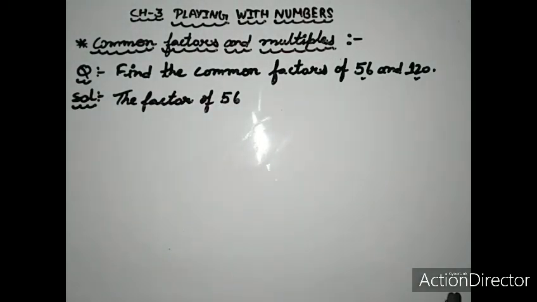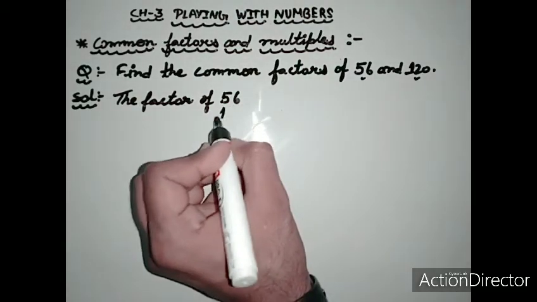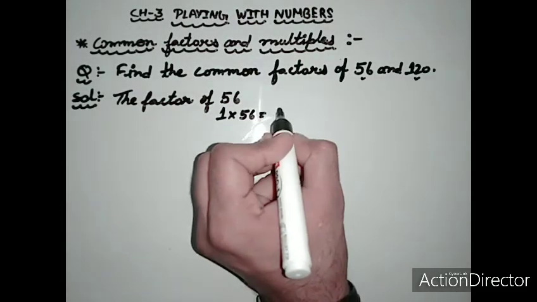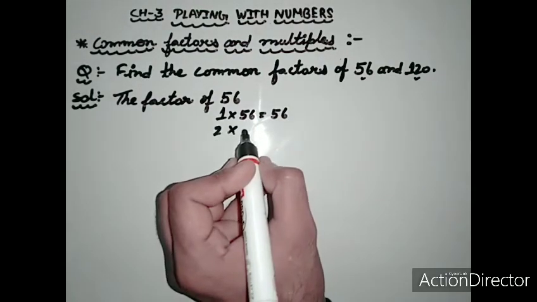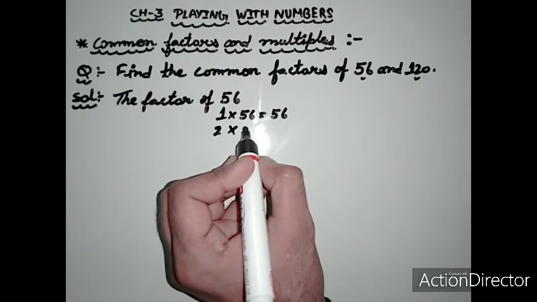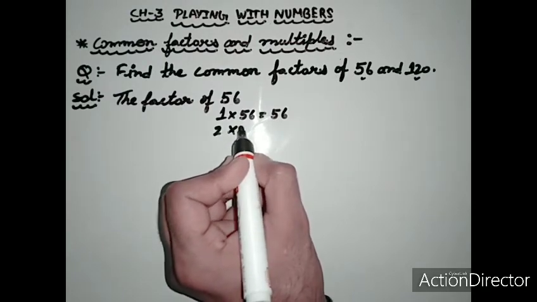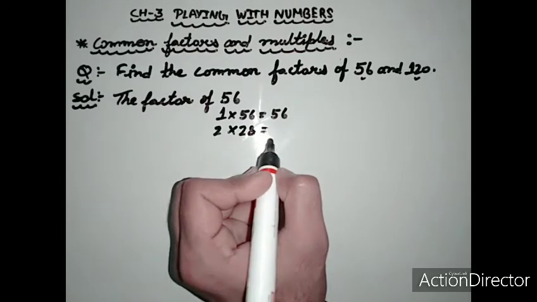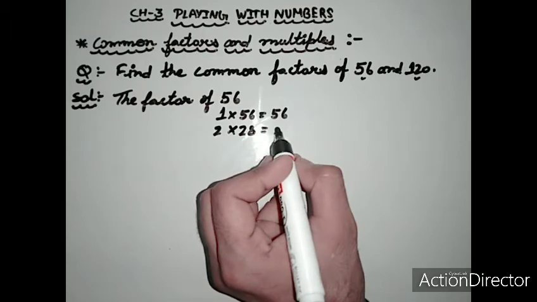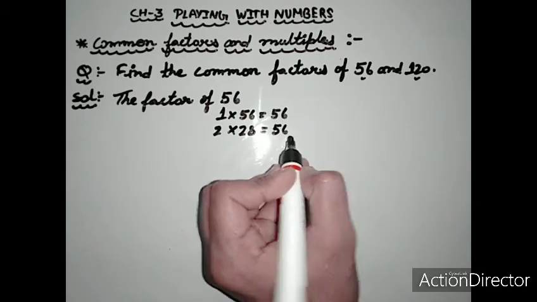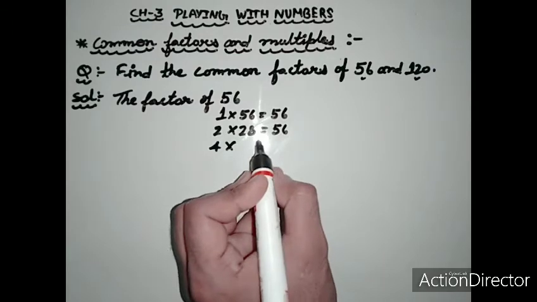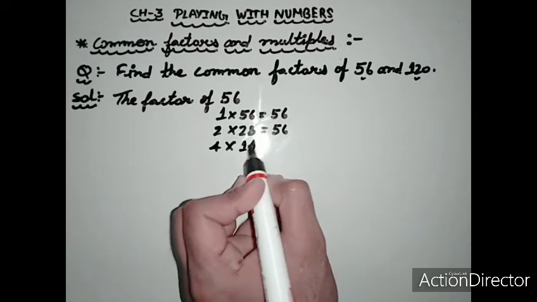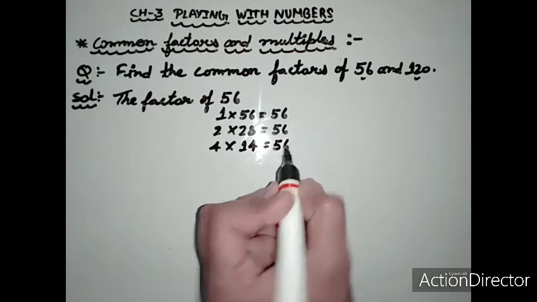First we check in the table of 1. So 1 multiplied by 56, we get 56. Then check in the table of 2: 2 multiplied by 28 is 56. Then in the table of 4, 4 14s are 56.